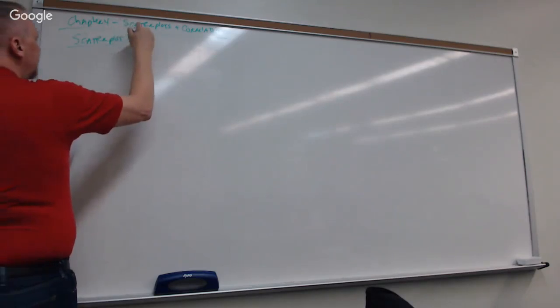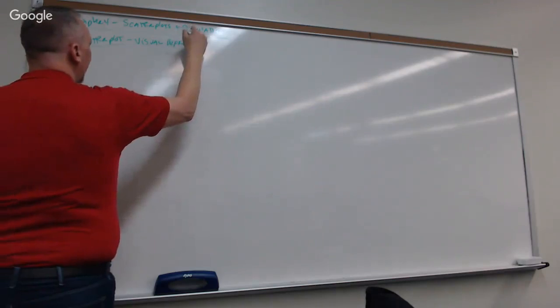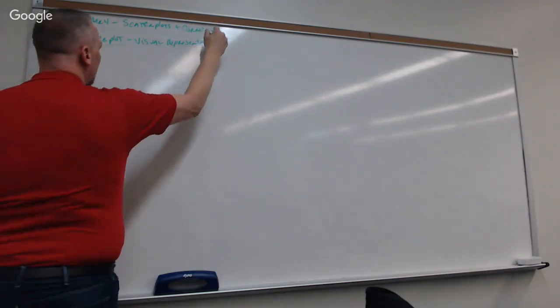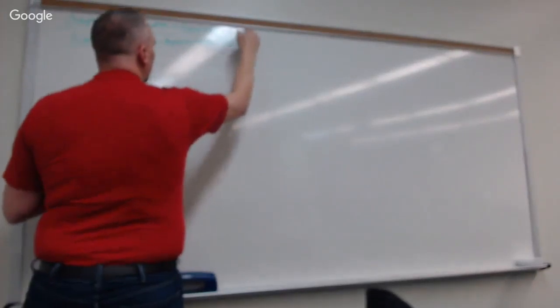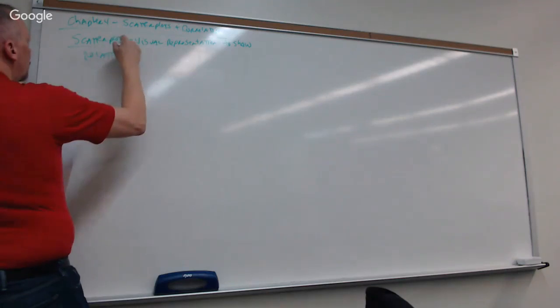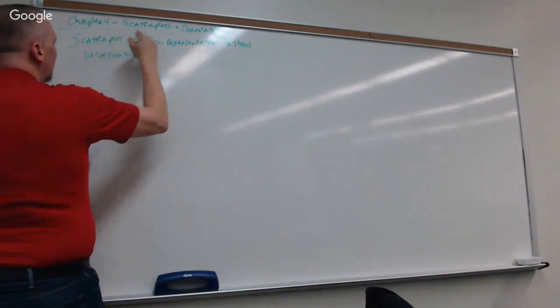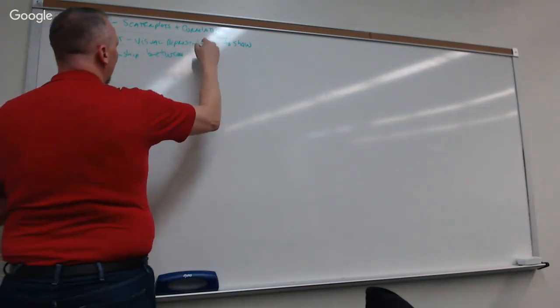A scatterplot is a visual representation to show the relationship between two variables.